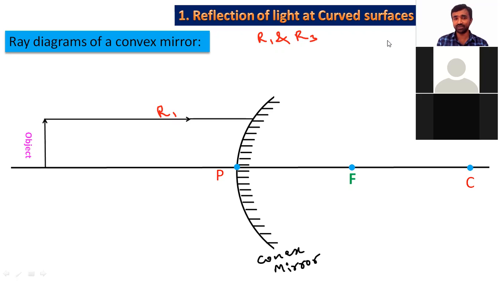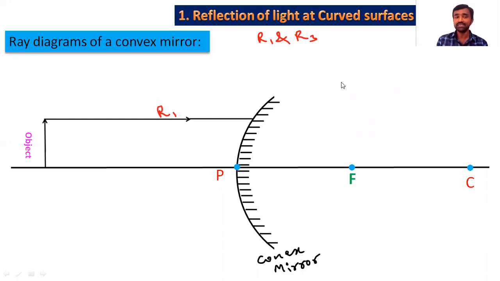You said passing through. Is that possible? Passing through is not possible. Then simply here in this case, what it is saying is directed towards the center of curvature. Clear? Directed towards the center of curvature.